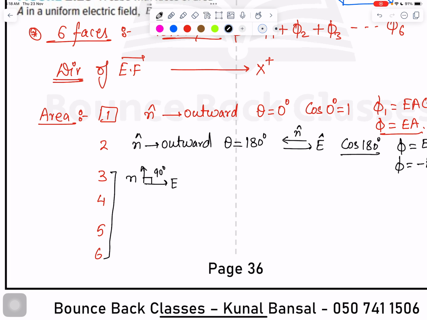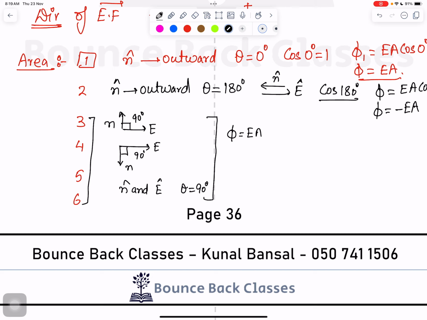Clear? In case of 4 also, n is going down, E is going like this. Can you see the angle is 90 degrees? Okay. Case 5 also, you can see front and back, n cap and E are making an angle of 90 degrees. So in all 4 cases, flux is equal to EA cos 90.